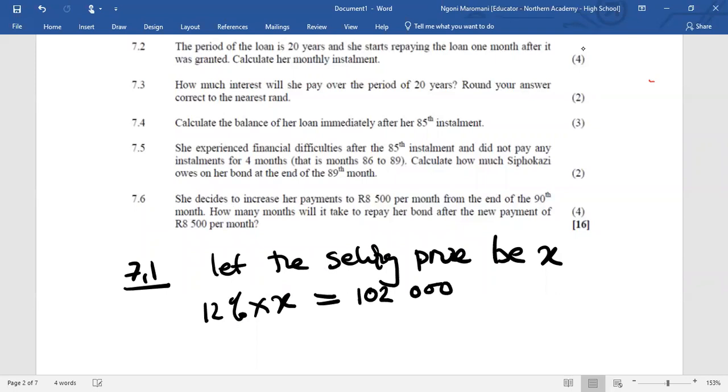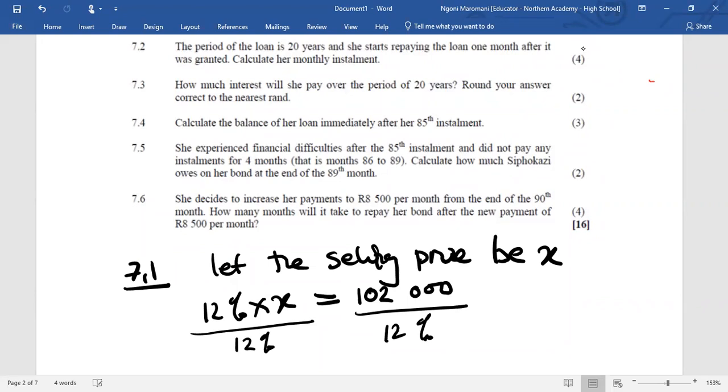Are we getting that, guys? Yes, sir. So 12% of that price is giving us 102,000, which means I'm going to divide both sides by 12%.